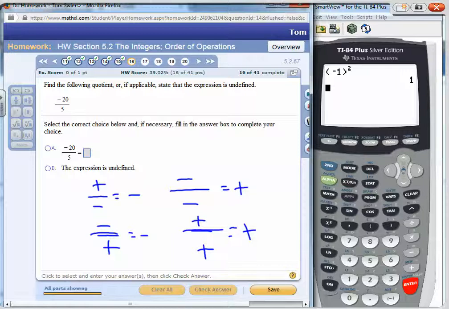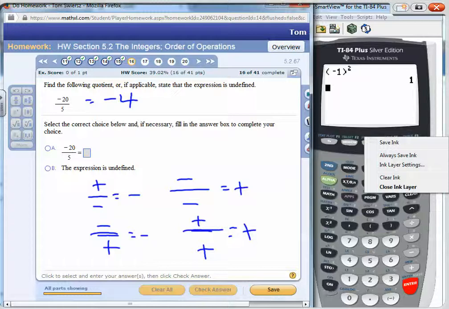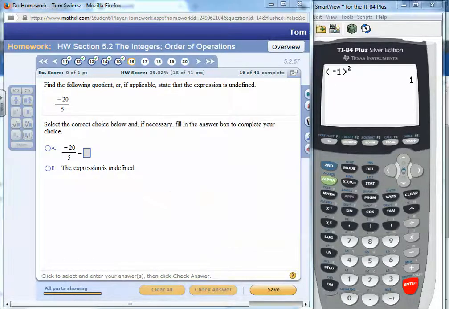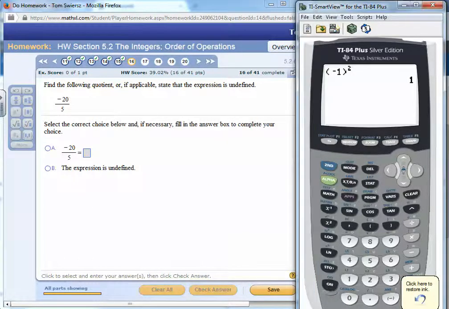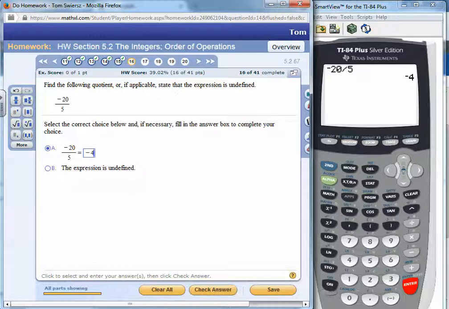So in this case, 20 divided by 5 is 4, but a negative divided by a positive will make it a negative 4. Again, you can use your calculator to do this problem. Fraction means division, so we have negative 20 divided by 5, and there's our correct answer, negative 4.